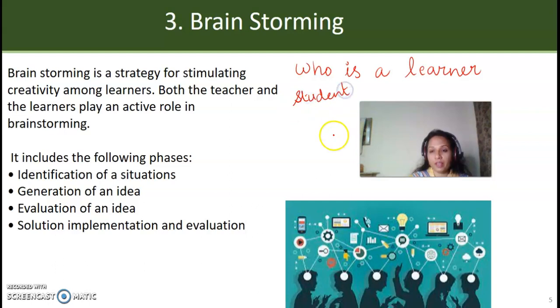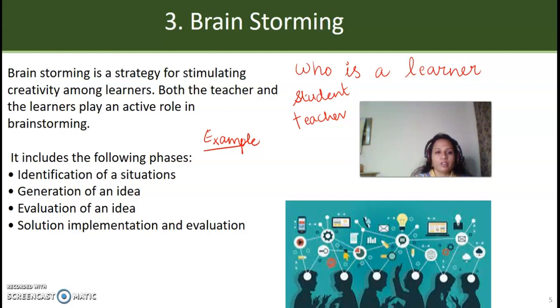The first thing that might have come to your mind is that the student is a learner. But to tell you, learning is a two-way process. When a student learns, a teacher also learns. So brainstorming is a strategy in which the teacher and the students both get involved in creating ideas.